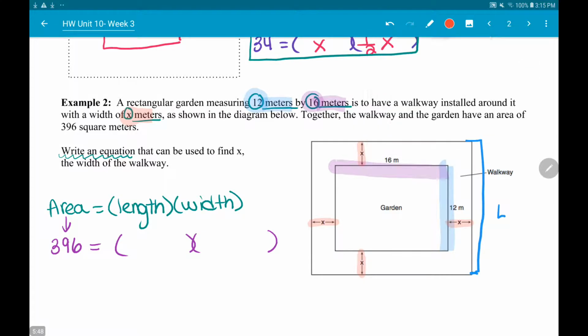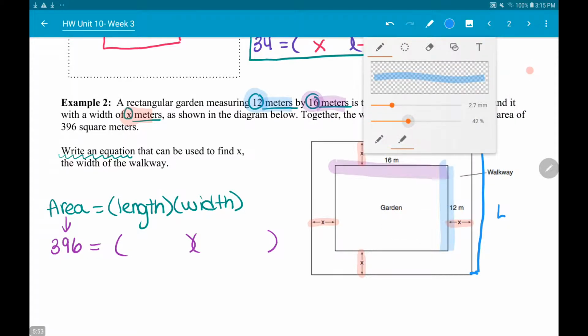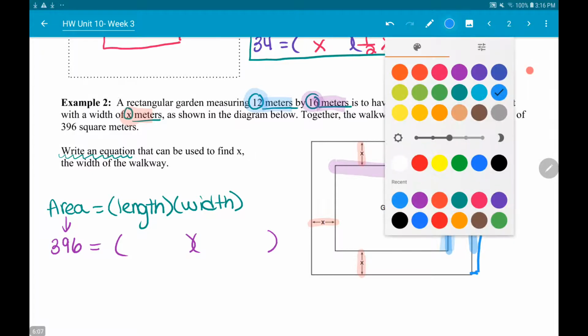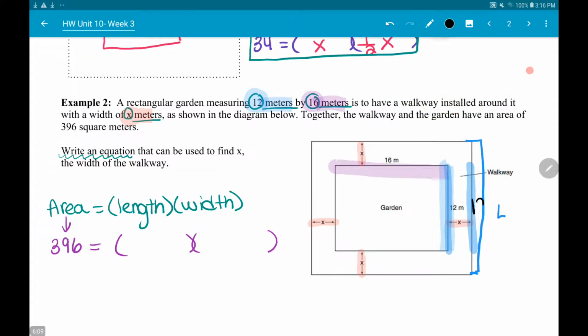What do we know about that side? We know that part of that side is this 12 piece, so this blue part is equal to 12. But what about this part and this part?